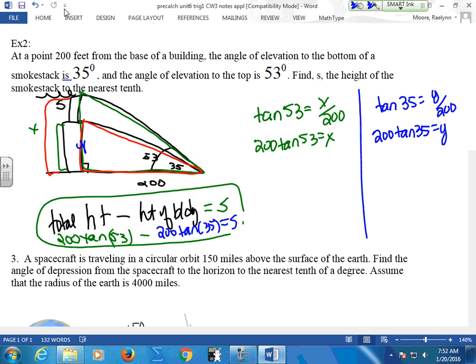Everybody okay with this? Yeah, it's pretty big, isn't it? How big is it? It's pretty big.